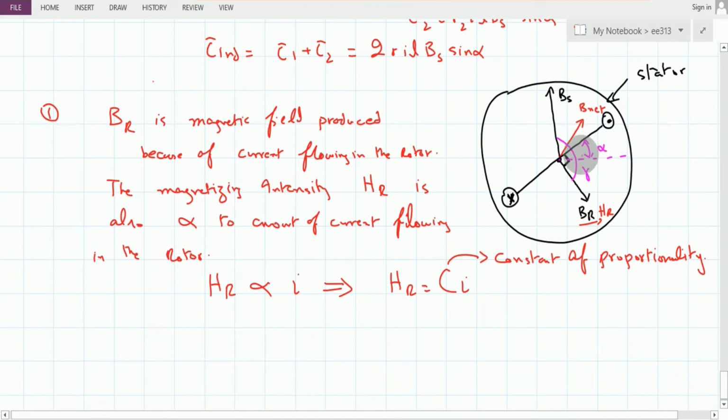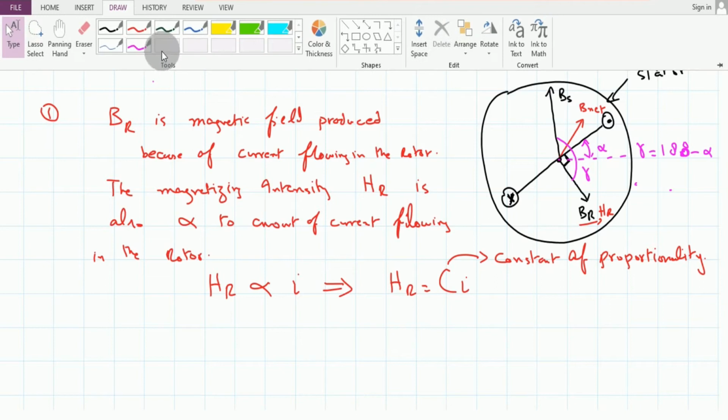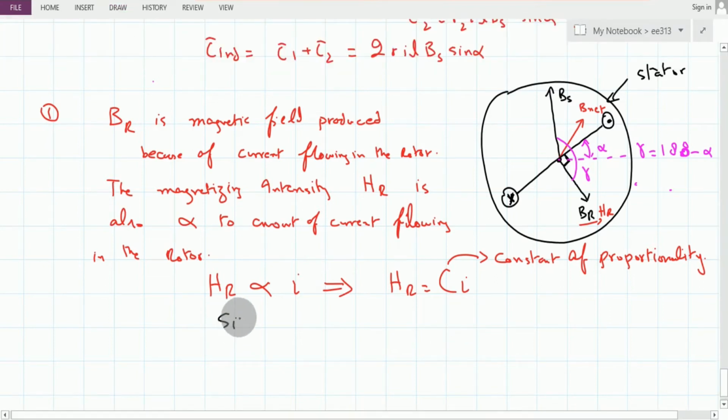Based on the trigonometric rules, we can say that gamma is equal to 180 degrees minus alpha, right? So this gamma, which is the angle between the stator magnetic field and the rotor magnetic field, is equal to 180 degrees minus this alpha. Based on this, sine gamma is equal to sine of 180 degrees minus alpha.